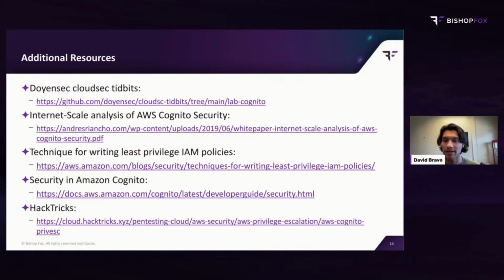And so here are some links that have helped me. Yeah, definitely take a look at them. As always, take a look at the security docs for AWS, the developer docs as well. A great source to understand what is going on. There's a lot of ways of configuring this, so please reference that.